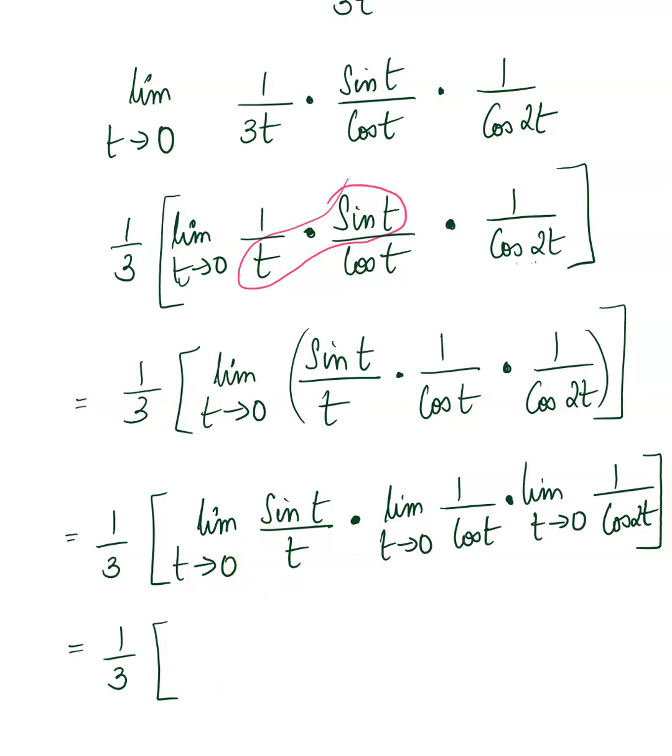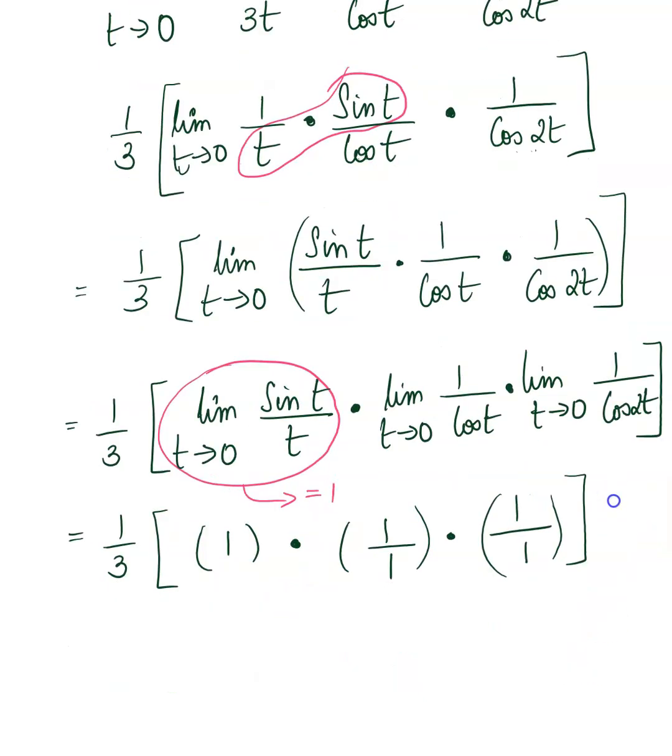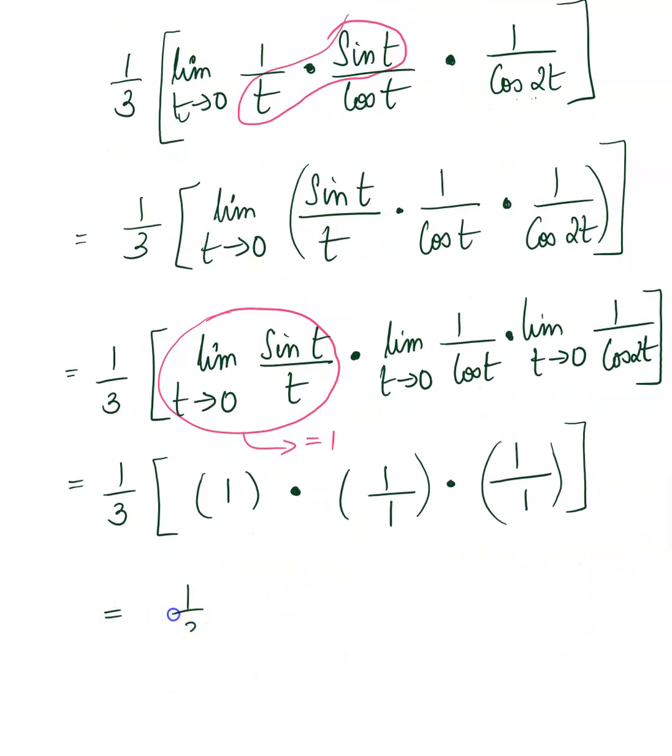Recall what happens here: this one by that theorem is equal to 1. So that is 1 times 1 over 1, because when you apply 0 for t, you get 1 over cosine 0, which is 1 over 1, times 1 over cosine 0. 2 times 0 is 0 again, so cosine 2t is also 1 over 1. So basically it is 1 over 3. So the answer for that problem is 1 over 3.